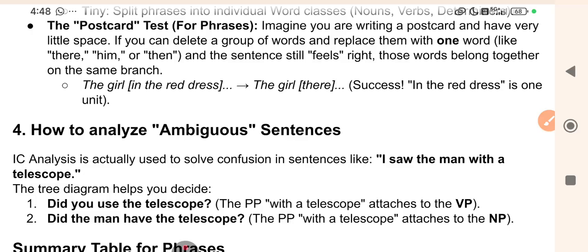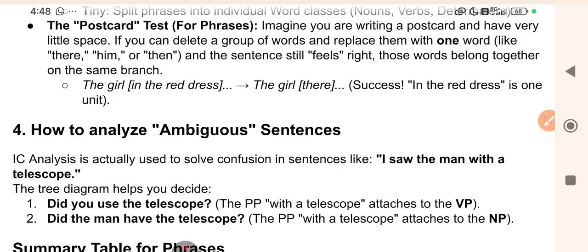If you can delete a group of words and replace them with one word like there, him, then, and the sentence still feels right, those words belong together on the same branch.